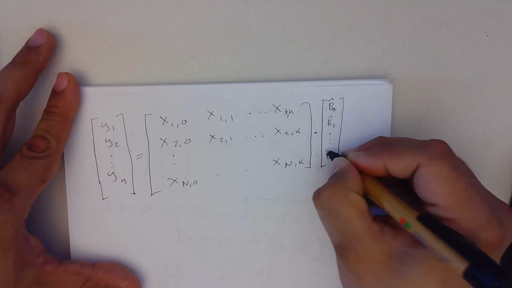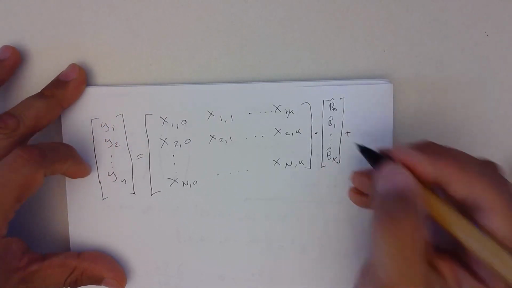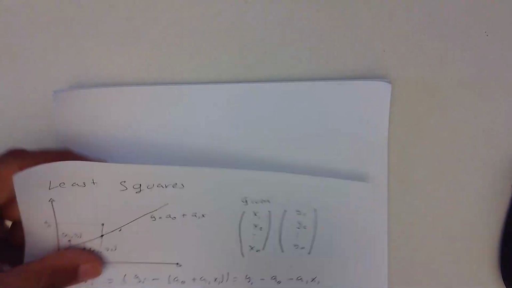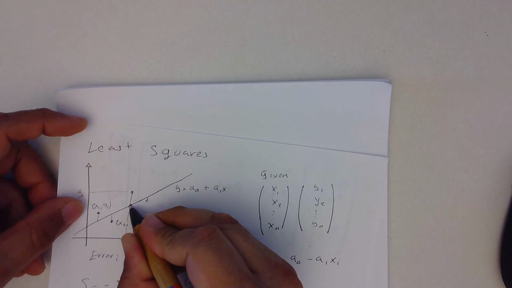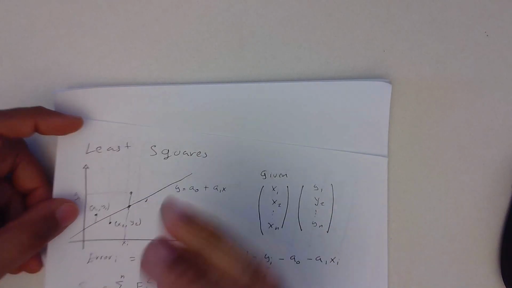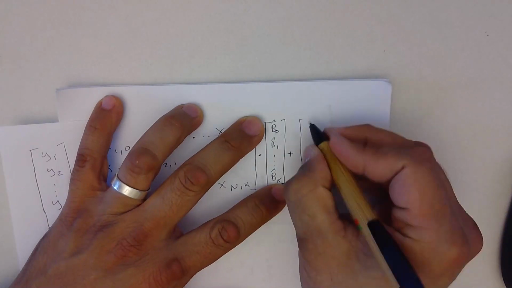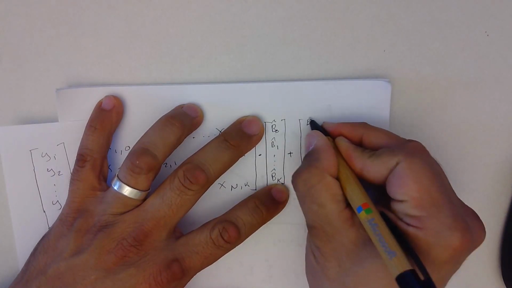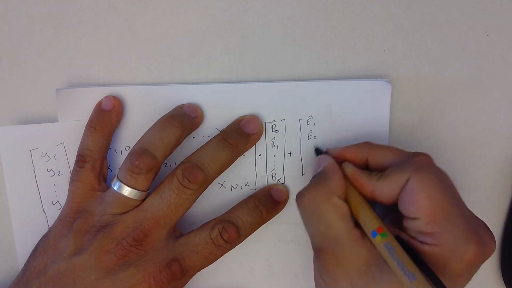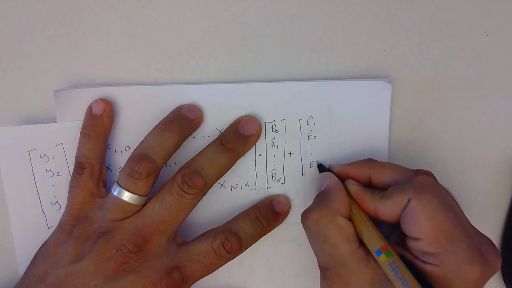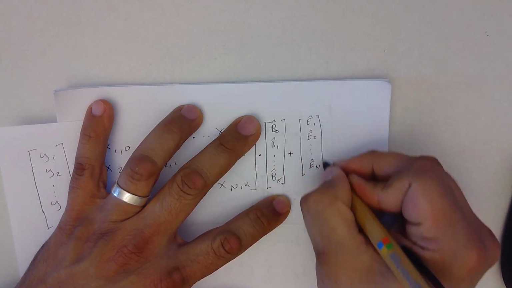I have to put the hat on this because this is estimated, plus what? Plus the error. Remember that this value that we are trying to match is whatever we are calculating plus the error, right? So we need to also include here the error vector: the error for 1, the error for 2, and the error for n, okay?